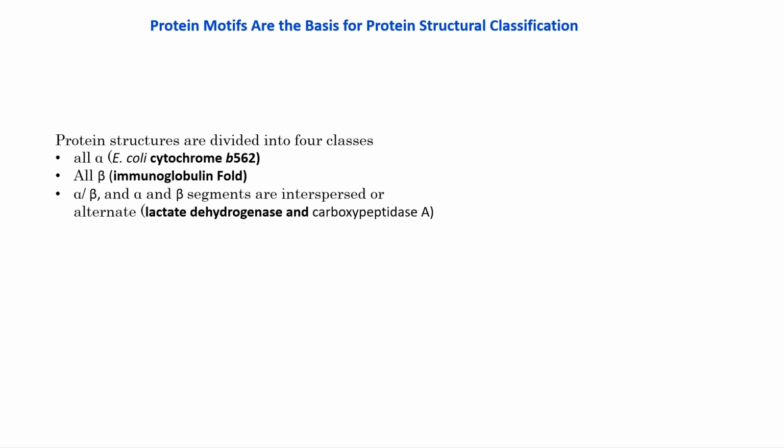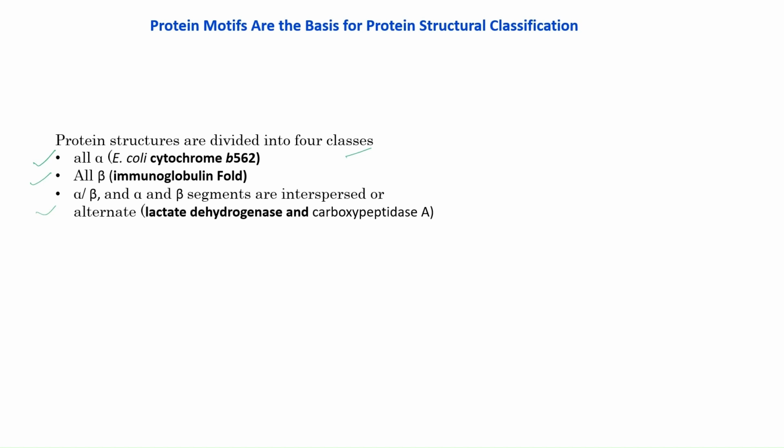Protein structures we can divide into four classes. Four classes of proteins are there with respect to their motif structure. The protein can be of a type having all alpha helix, example E. coli cytochrome B562, all with beta motifs, example immunoglobulin folds, or alpha beta, or alpha and beta motifs, example lactate dehydrogenase.